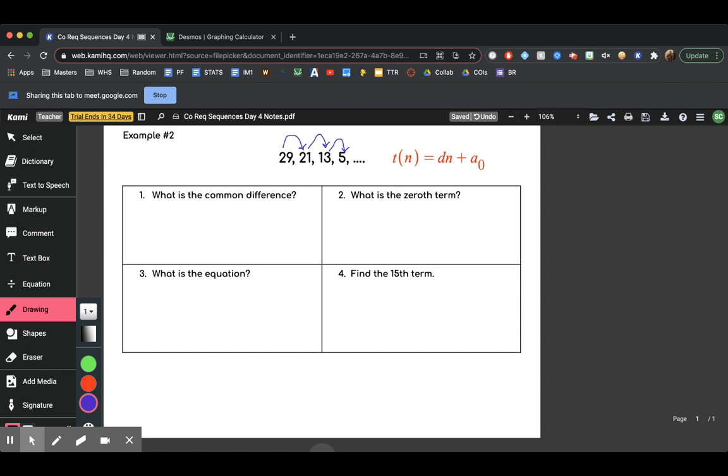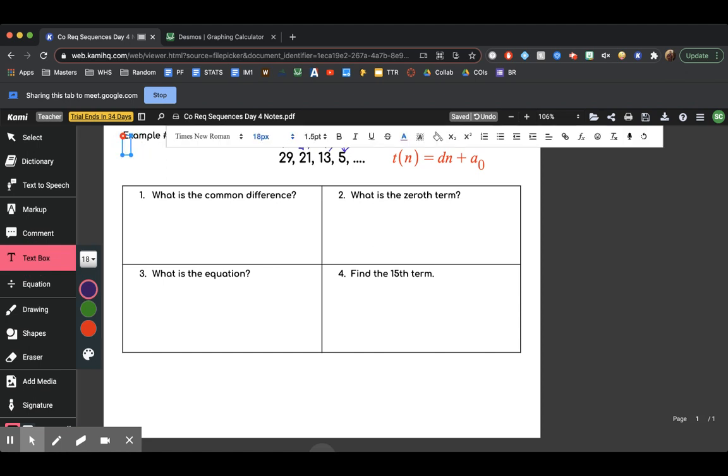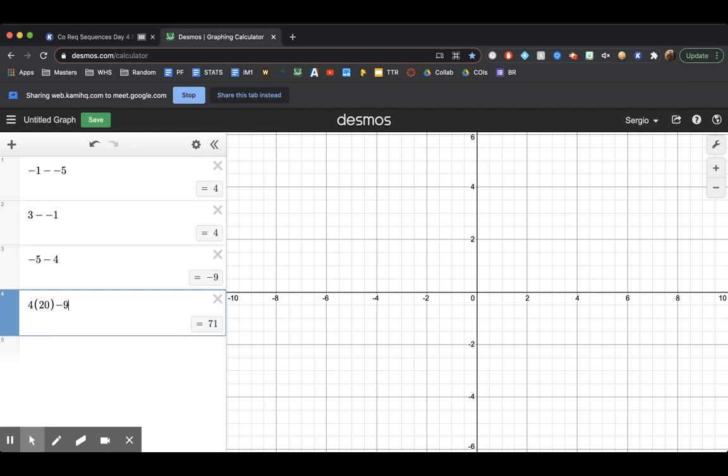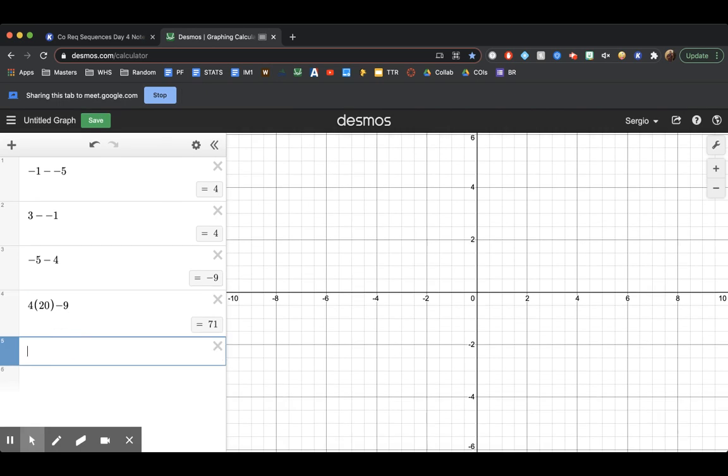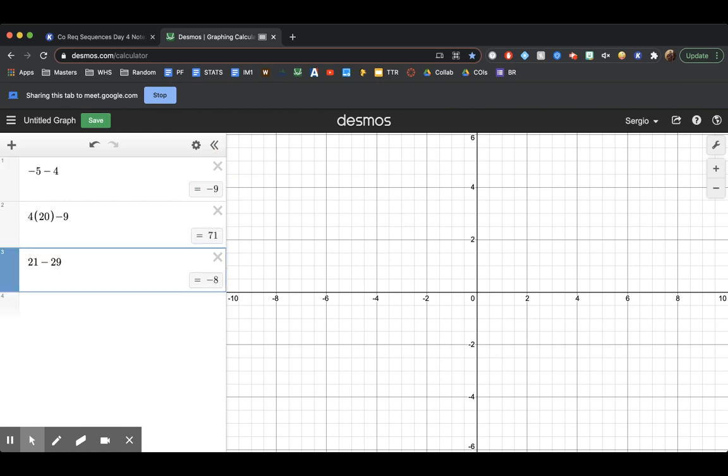To make sure of that, I'm going to subtract 21 minus the previous number, which is 29. 21 minus 29 gives me -8. If you need to double check that, you can go to Desmos and say 21 minus 29, and there you go. It is -8.